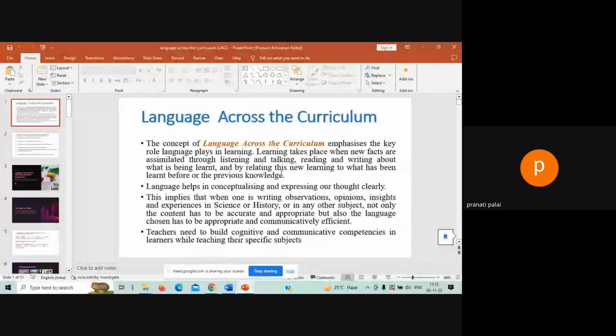That's why their internal capabilities are not coming out and they are not using their potential to the fullest extent. So language helps in conceptualizing.